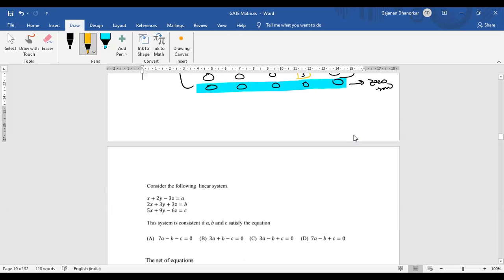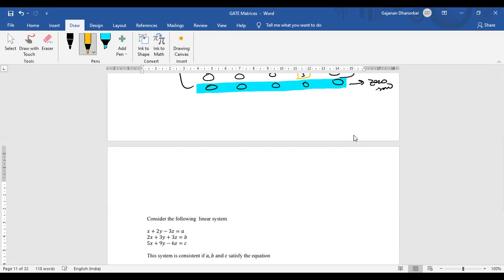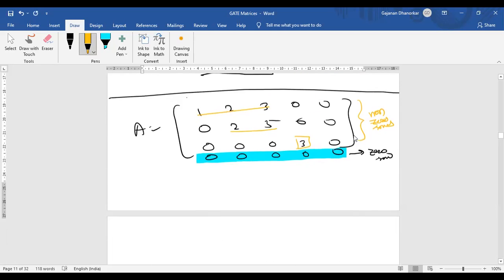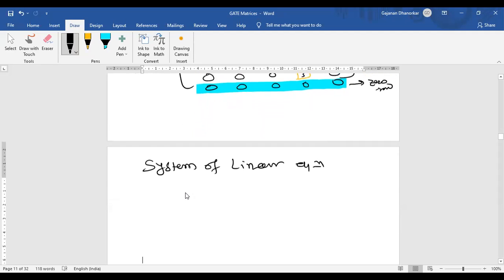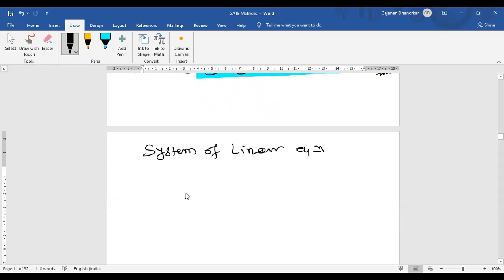Now we will go fast. Try to cover this: system of linear equations. There are two types of system, AX equal to B and AX equal to 0.